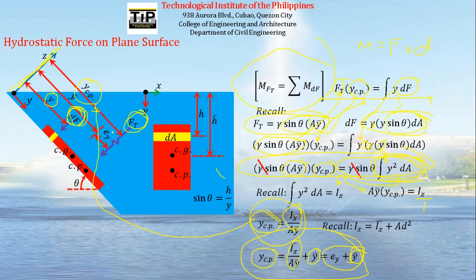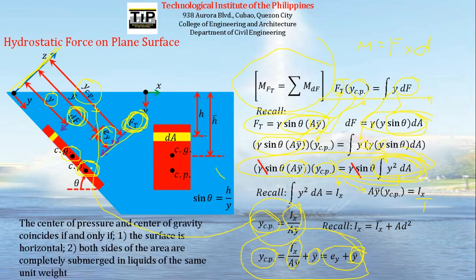Wherein, yung E sub y natin, okay, is the distance from the center of gravity to the center of pressure. Now, class, si center of gravity saka si center of pressure is different. Okay? When we say center of pressure, dito nag-a-act si force. Okay, si total force. Dito siya nag-coincide.